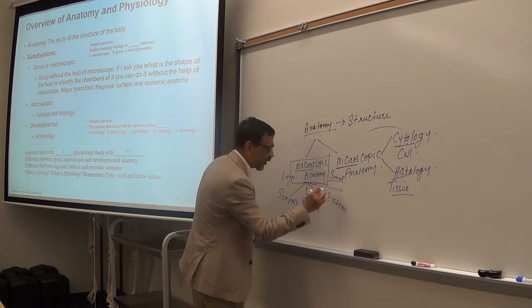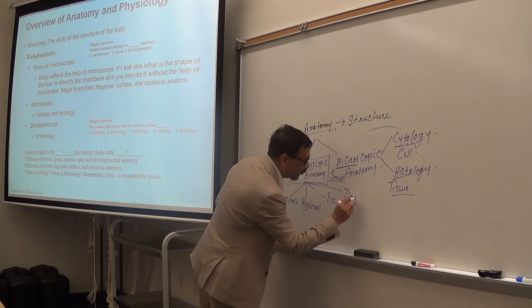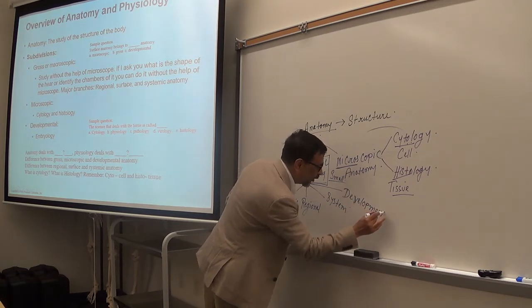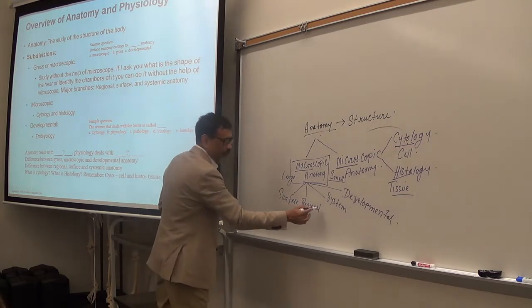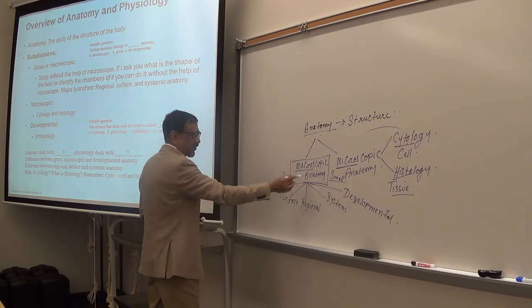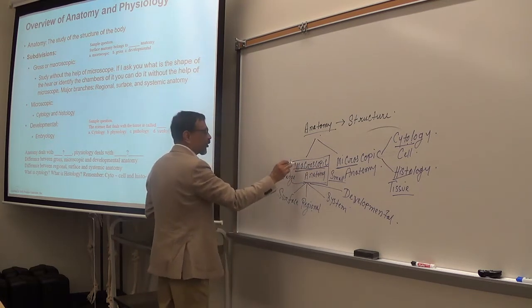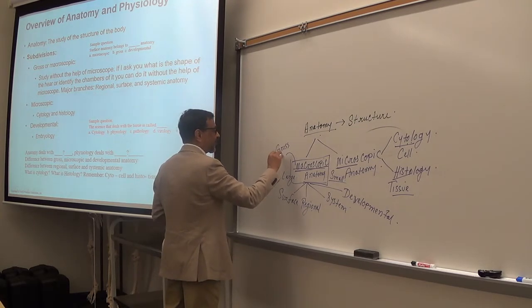There is another branch that is called developmental anatomy. So those are important branches of macroscopic anatomy, which is also called gross anatomy.